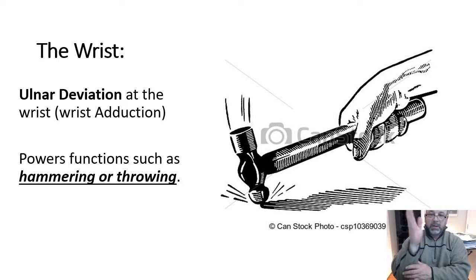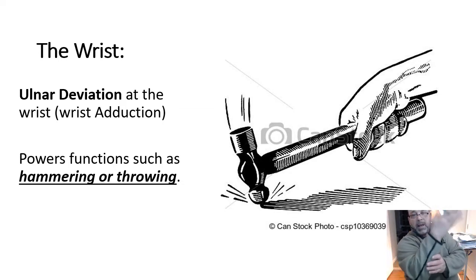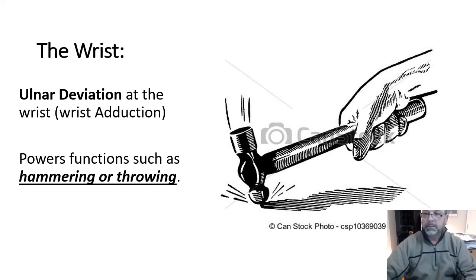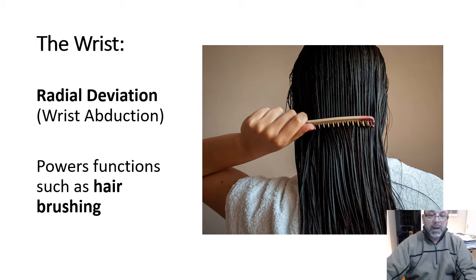If I was doing it this way, it's kind of like I'm hammering or throwing. When we do radial deviation, we're bringing it towards the thumb side, and we'd be bringing the brush back. This is not a great picture, but if I was to brush whatever hair I have, I'd bring it back.